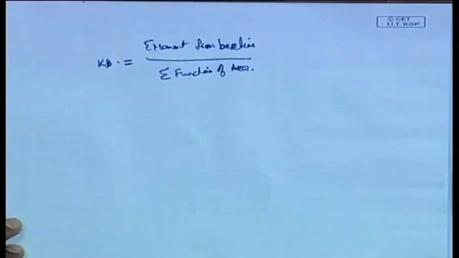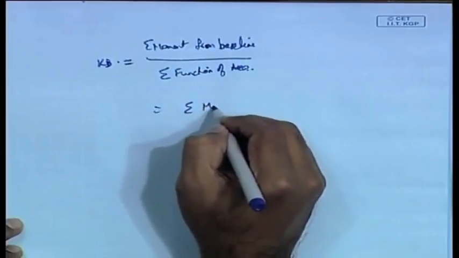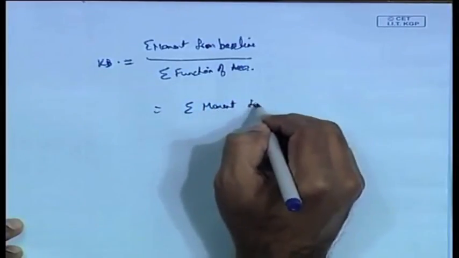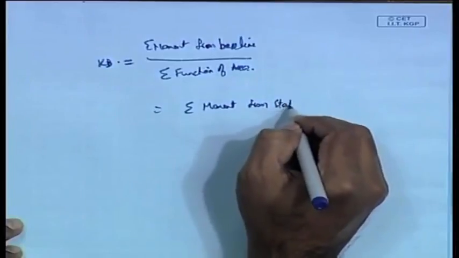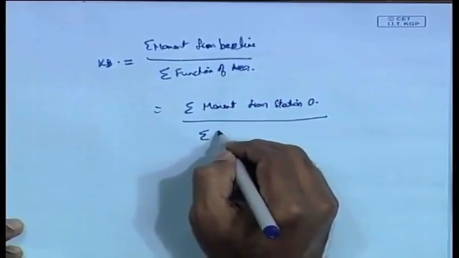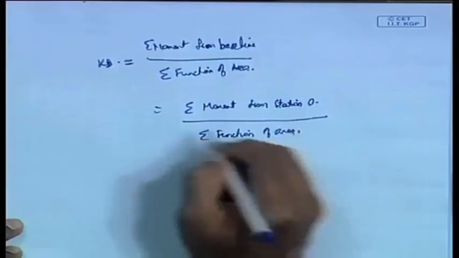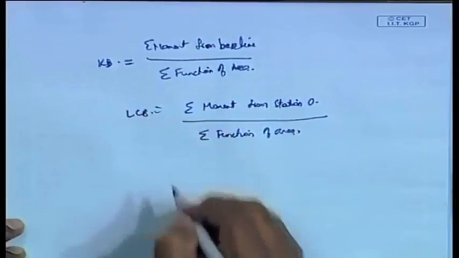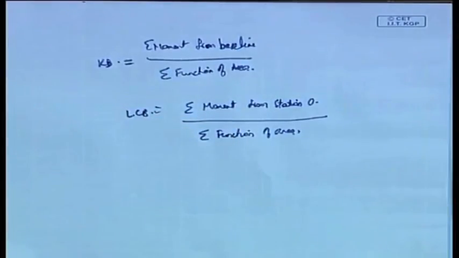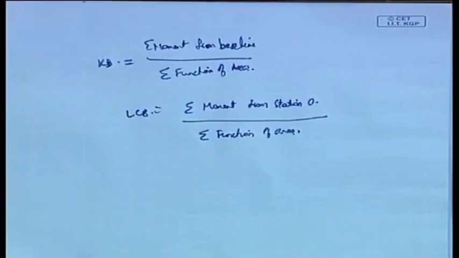Okay. So, this gives you the Kb, and similarly the sigma moment from station 0, divided by sigma function of area will give you the LCB, the longitudinal center of buoyancy. So, this holds good, and in this way you can calculate the LCB and the Kb for such ships.